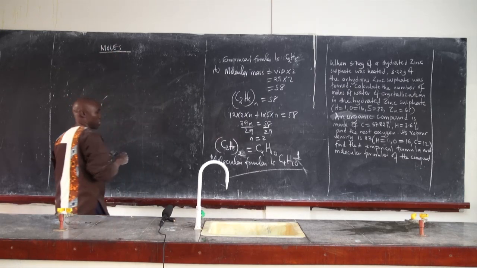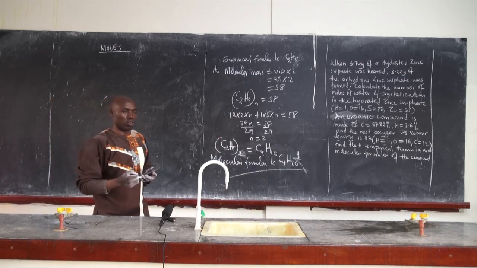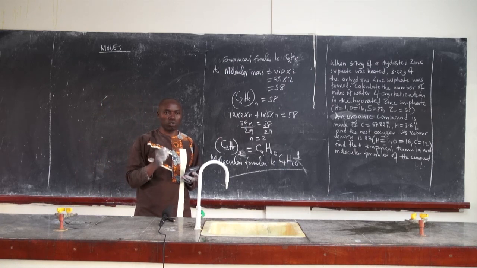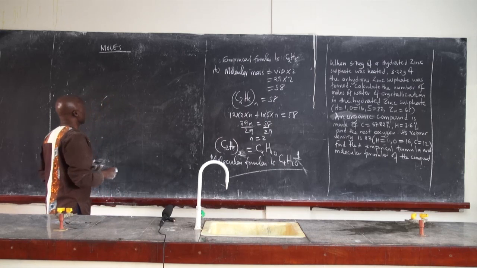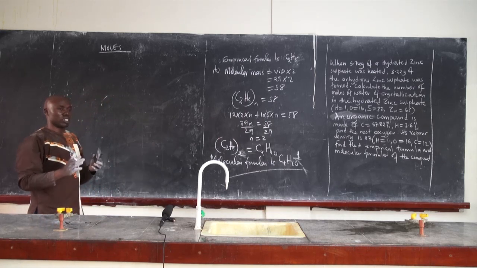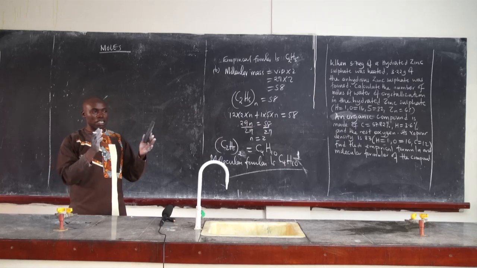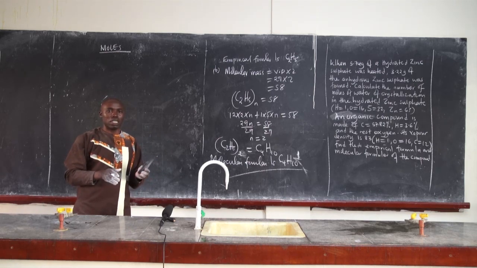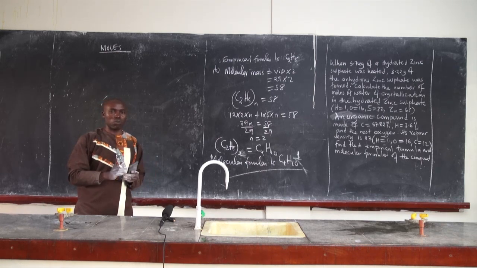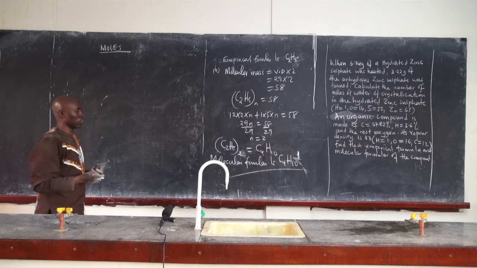We say a mole is actually the amount of a substance containing 6.02 times 10 power 23 particles. That means the mole always represents the number of particles. But again, we say the mole is also the mass, equivalent to the relative atomic mass, or to the relative formula mass in the case of a compound.